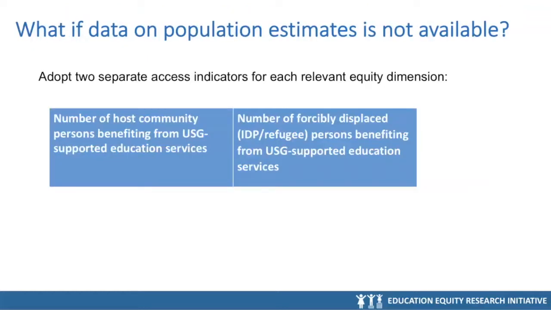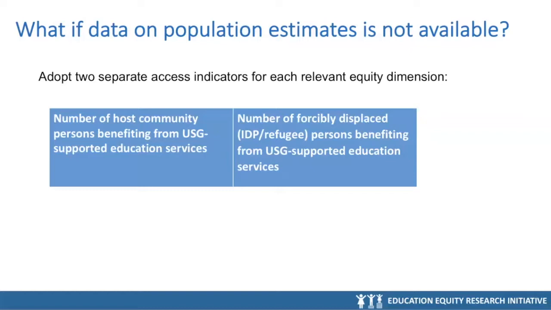But what if data on population estimates is not at all available? Then we propose that projects adopt two separate indicators for each relevant equity dimension that should be used in conjunction and not separately. So, for example, here we have number of host community persons benefiting from USG-supported education services, and number of forcibly displaced persons benefiting from USG-supported education services.